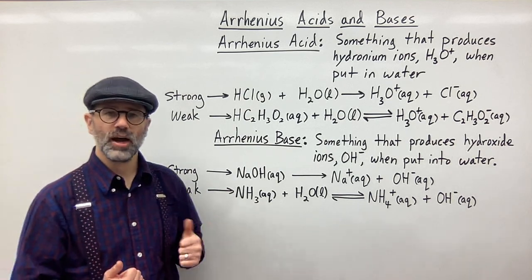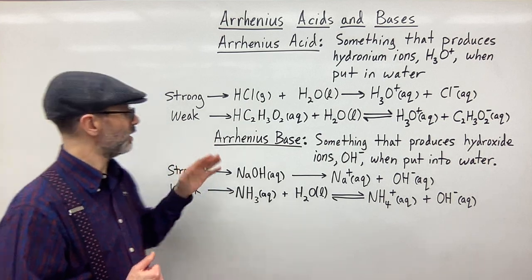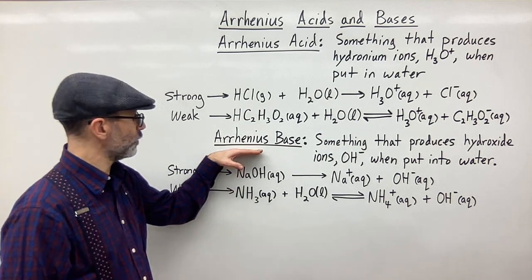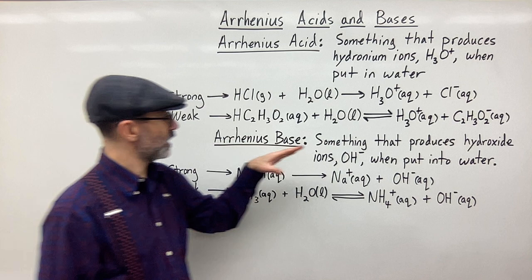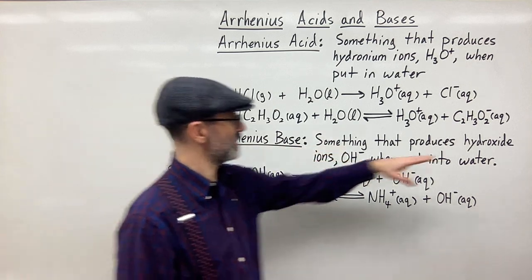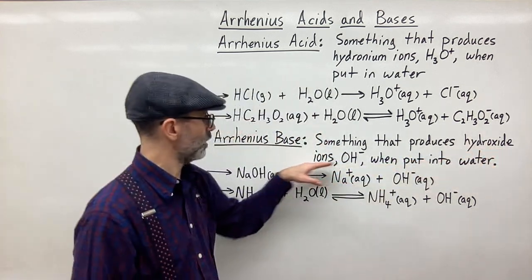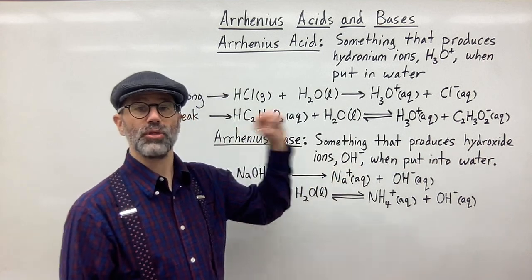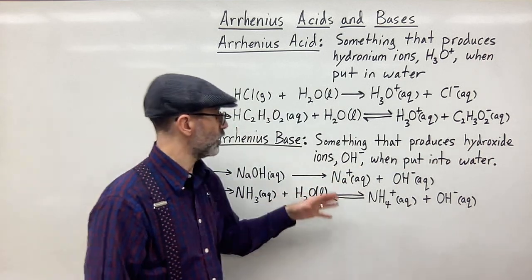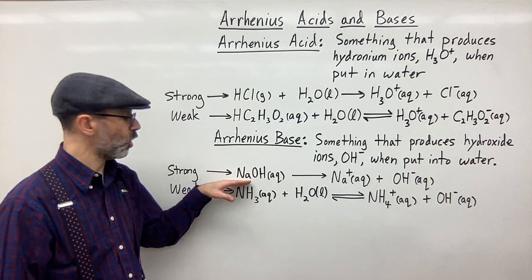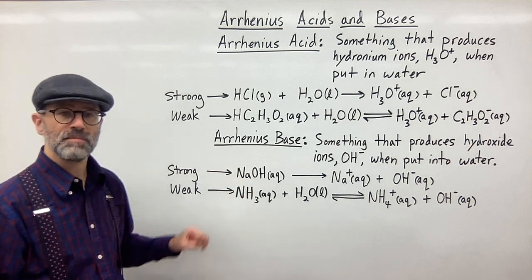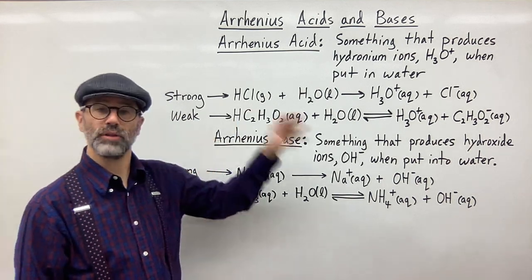Very similar to Arrhenius acids, the Arrhenius base is something that produces, in this case, hydroxide ion, OH minus, when you throw it in water. So here's a couple of examples. I have sodium hydroxide. I throw that in water.